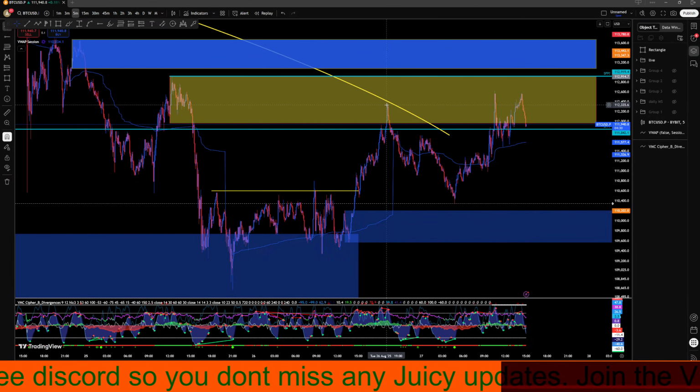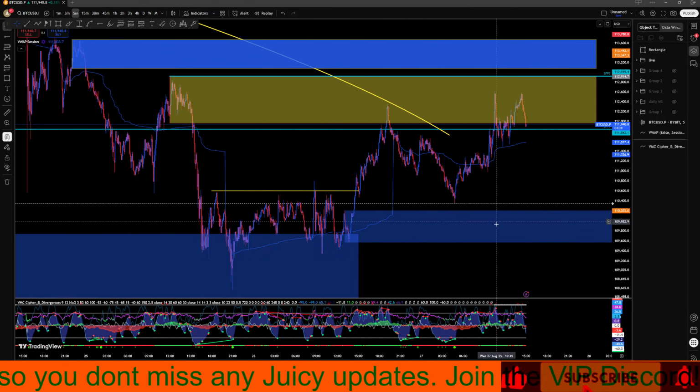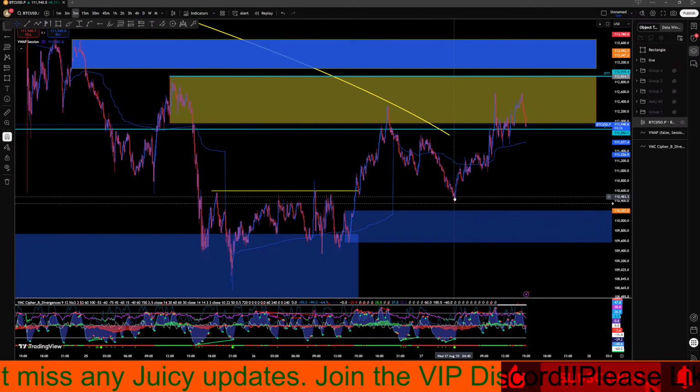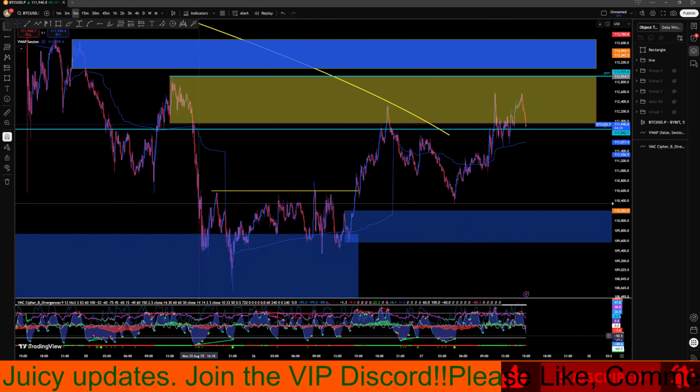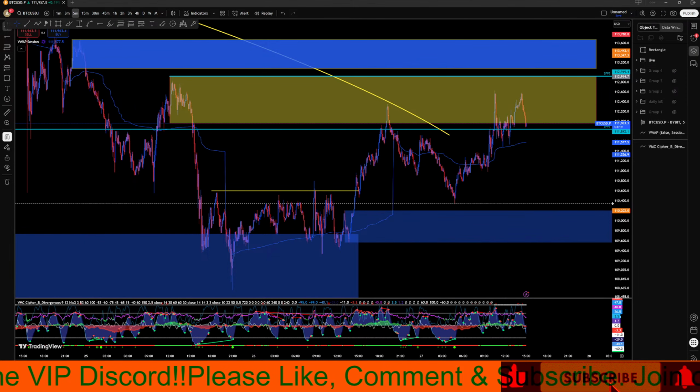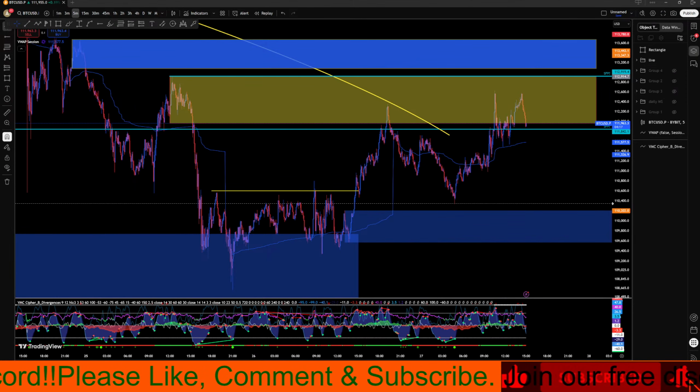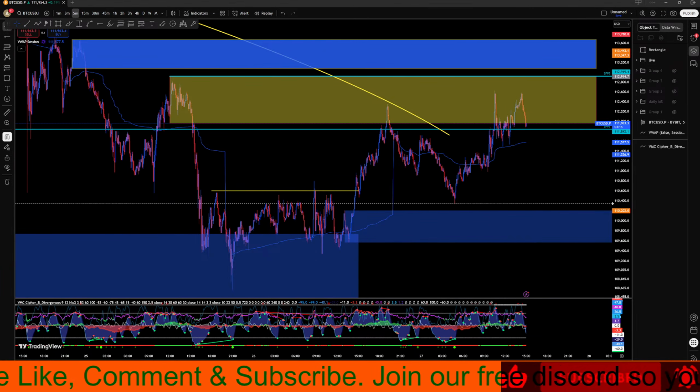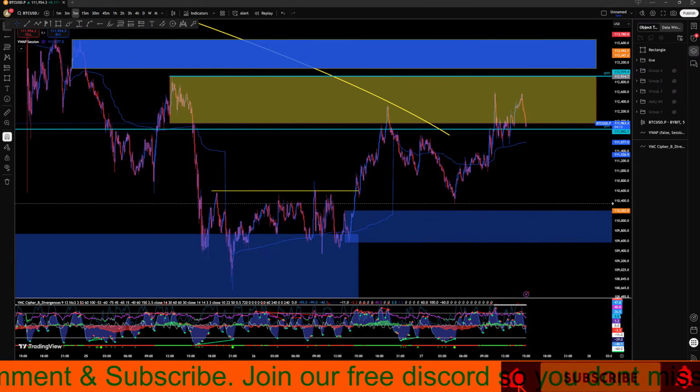So we took the short from here down to this area, took profits here, and we got stopped out for a small win. Currently long, and let's see.